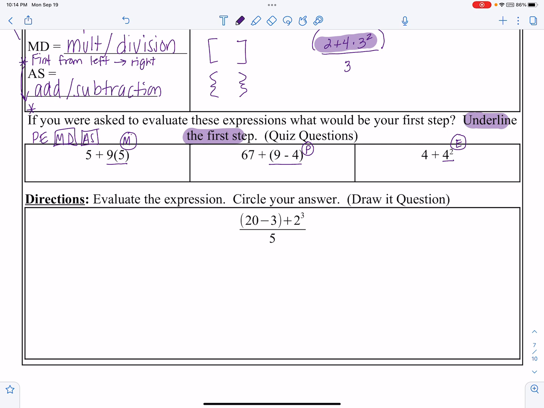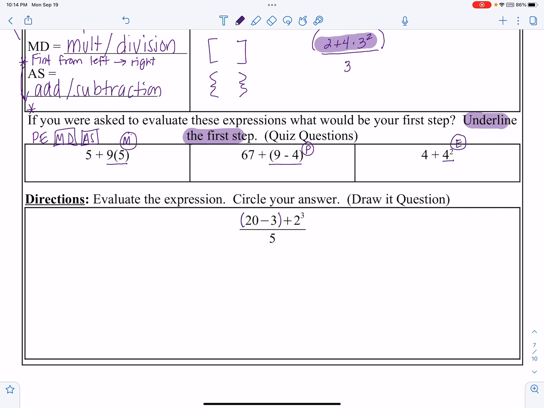Okay, let's go ahead and solve. It says evaluate the expression and circle your answer. When we look at this, I know that this entire top section needs to be taken care of before I do the divide by 5. For Please Excuse My Dear Aunt Sally, I see my parentheses first, so I'm going to take care of the 20 minus 3.